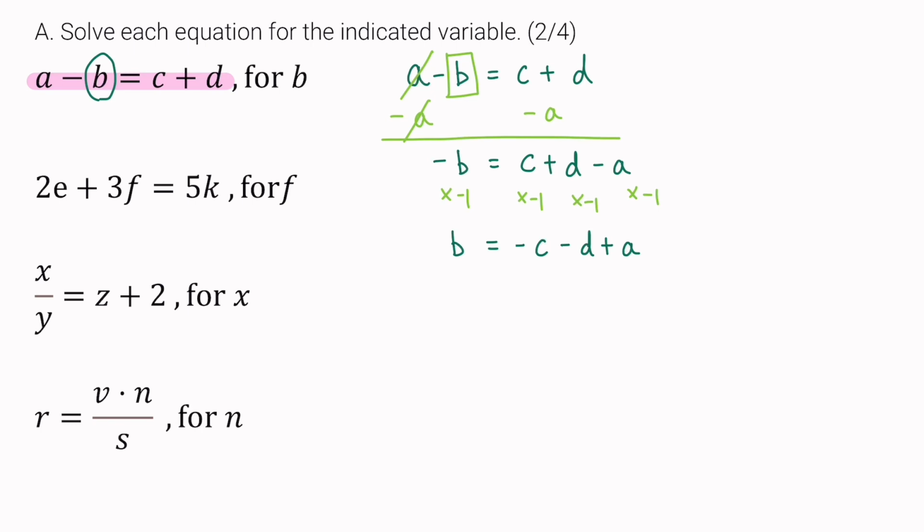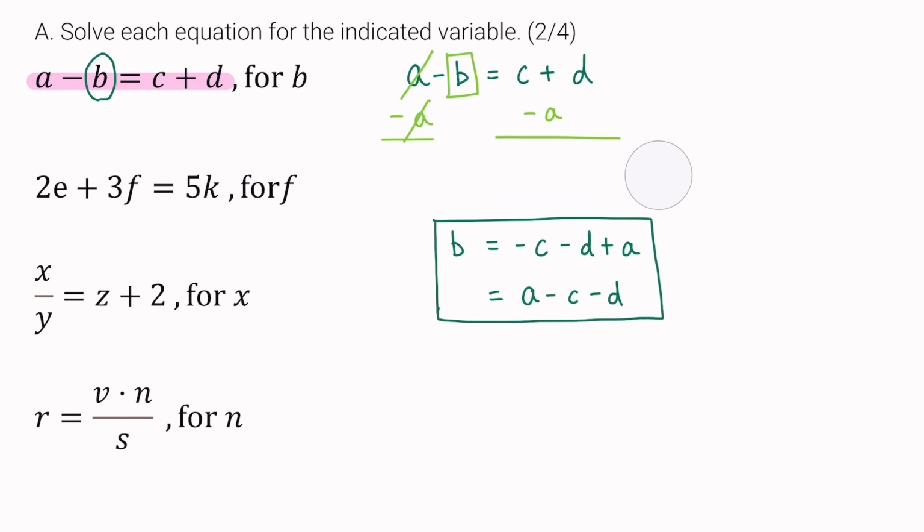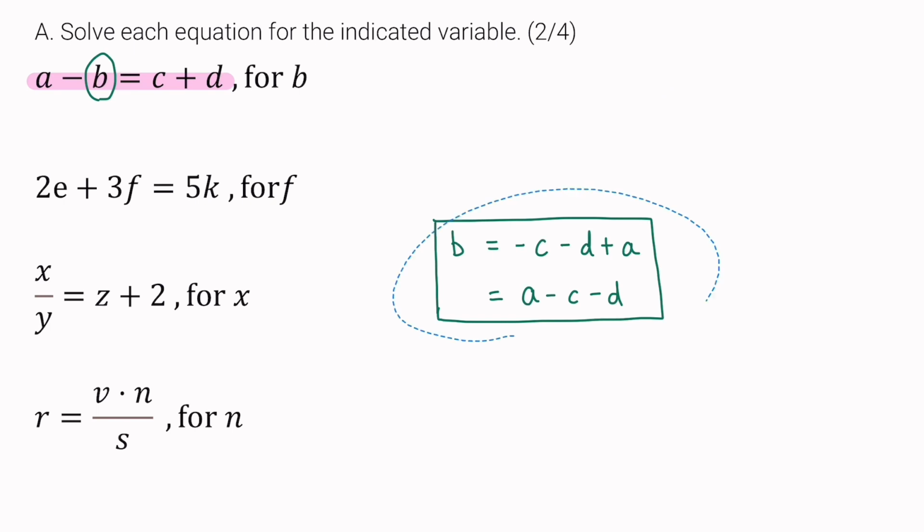So we can rearrange this to make it look better. We can say a minus c minus d, although this expression is also good as your final answer. So I'm gonna mention both expressions as my final answer for this first question on this page and put it right here.